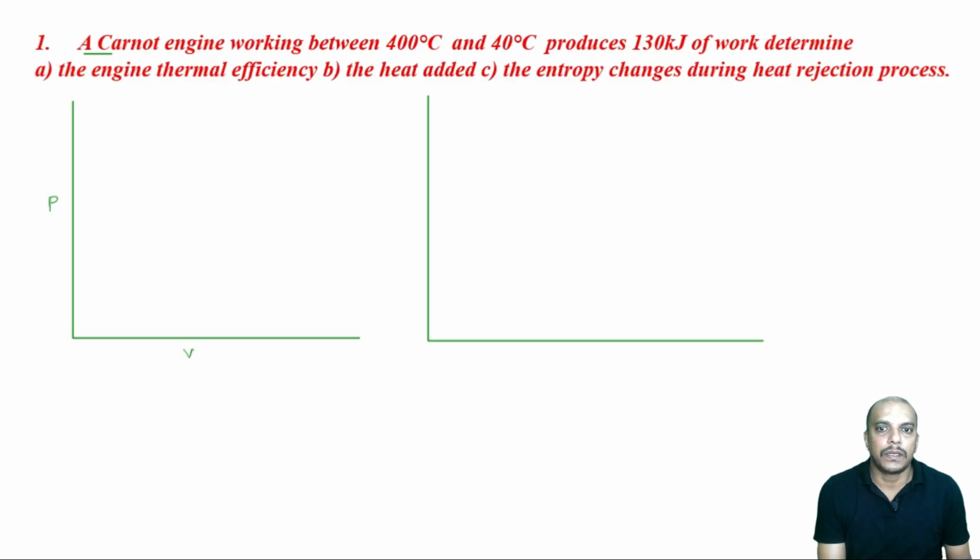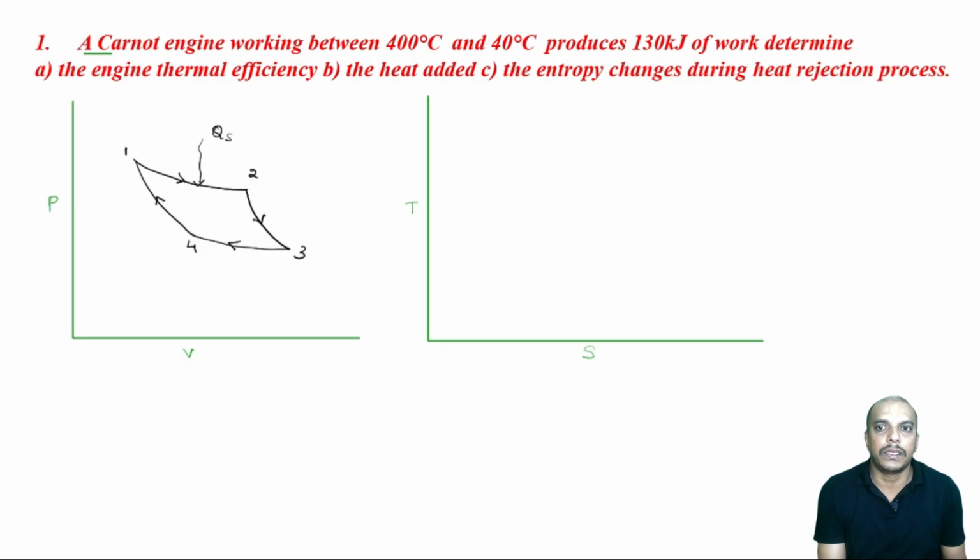We know that there will be heat addition in an isothermal process, isothermal heat addition 1 to 2, reversible adiabatic expansion 2 to 3, then 3 to 4 that is isothermal heat rejection, and then 4 to 1 we will be having reversible adiabatic compression again.